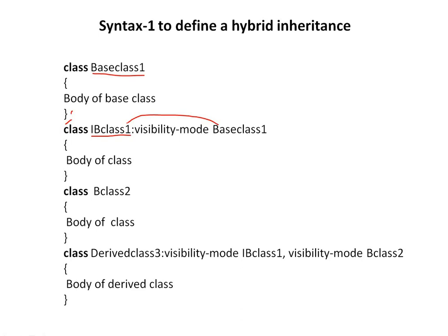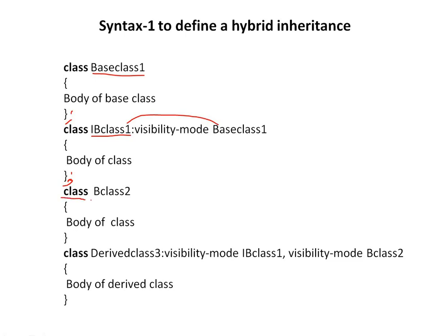So the relation between the IB class 1 and base class 1 is single inheritance. Next, after that, we have to write the set of operations within the brackets. Then we have to write the terminating semicolon at the end of the class declaration or definition.